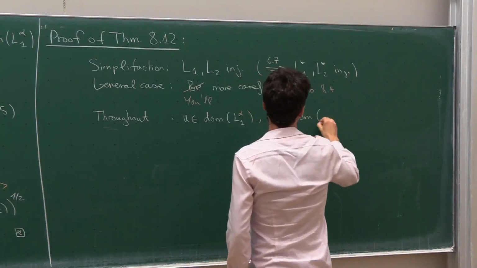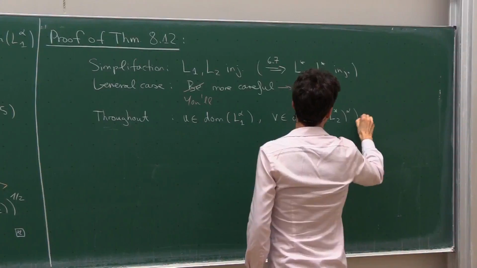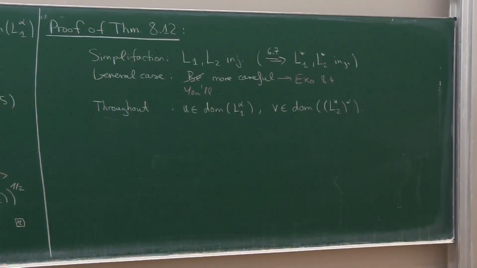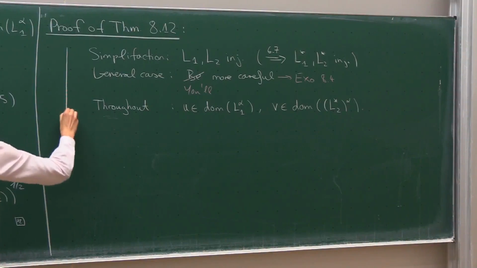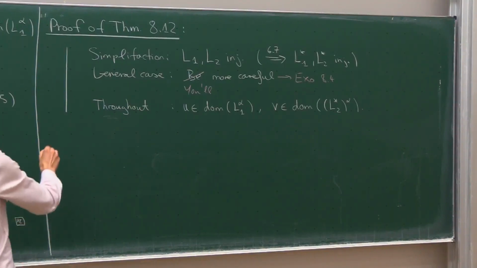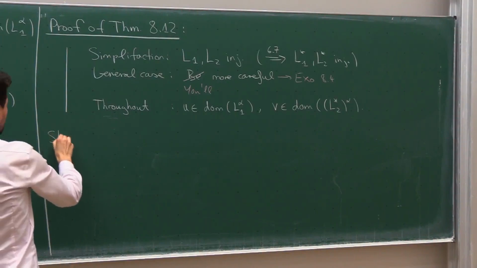So V is going to be in L2 star to the alpha. Okay. So these things we keep in mind, and then now we keep going. Let me do one step, then we make a break, and then I do the other steps for you.